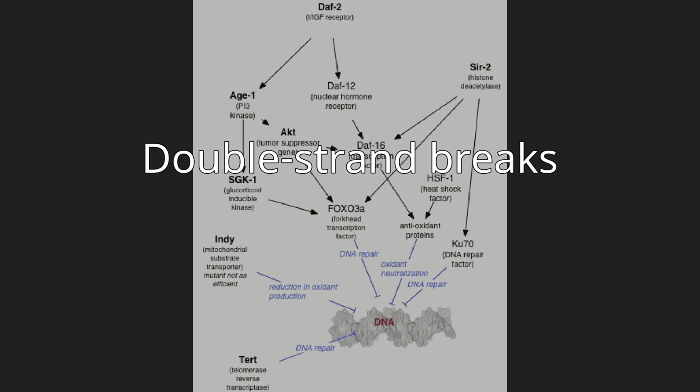There are backup NHEJ pathways in higher eukaryotes. Besides its role as a genome caretaker, NHEJ is required for joining hairpin-capped double-strand breaks induced during VDJ recombination, the process that generates diversity in B-cell and T-cell receptors in the vertebrate immune system.